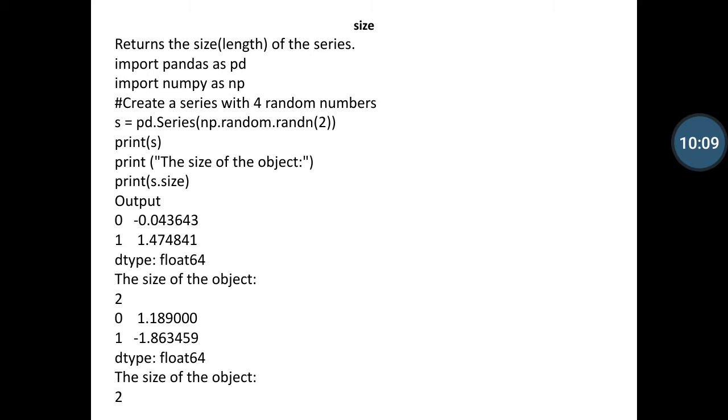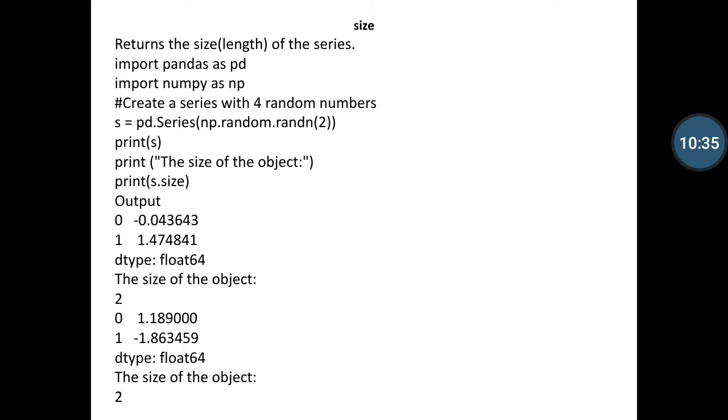So first import both libraries, then create a variable s equal to pd.Series and np.random.randn and put 2 as an argument, and then print s. Then define a label for the size of the object and print s.size.